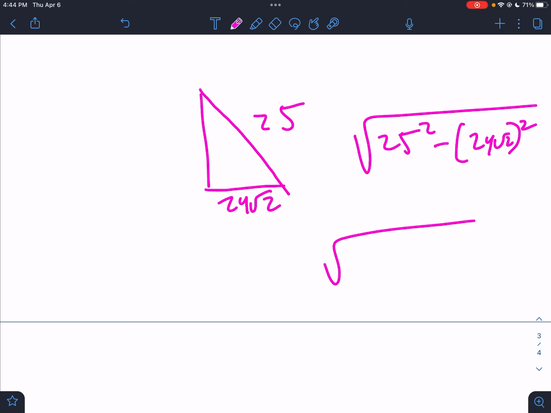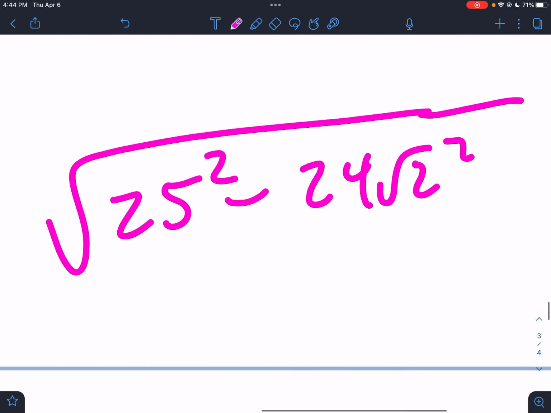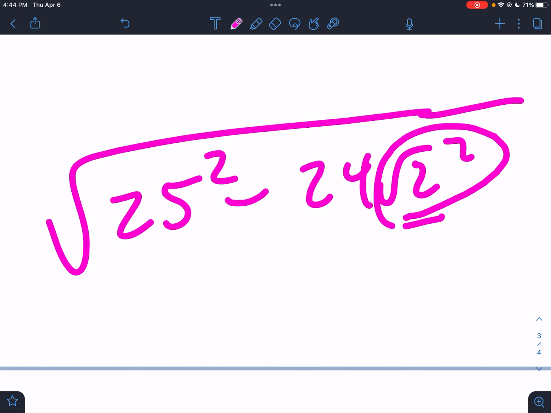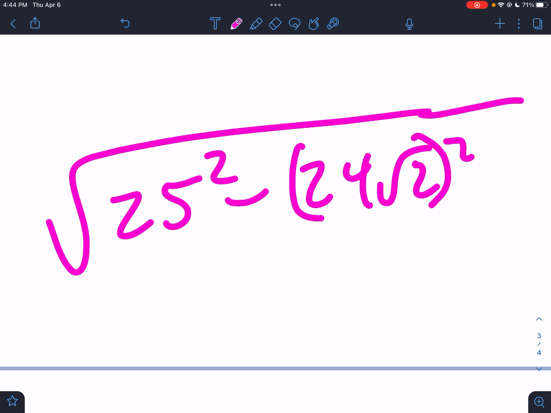I've seen dozens of people do this in class, is they write it like this and wonder why they're wrong. Order of operations, you're going to square root 2 first, then multiply the 24. That's not what you want. You want to square 24 root 2. That's a very different thing. So this is 25 squared minus parentheses 24 root 2 squared, or it will be wrong.